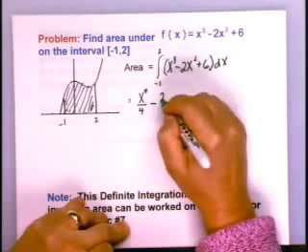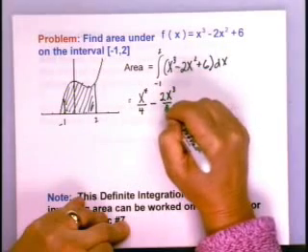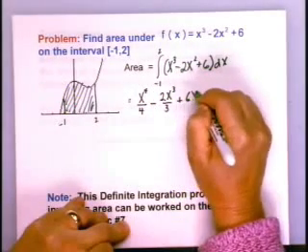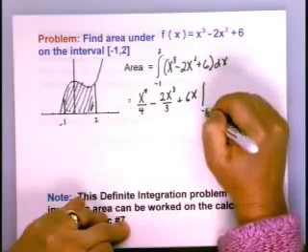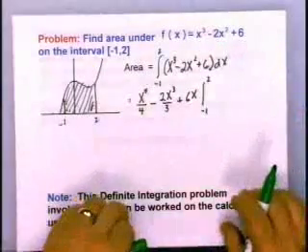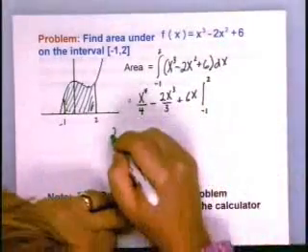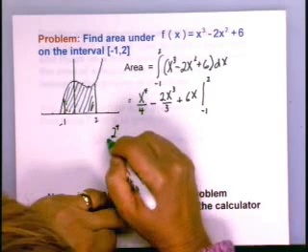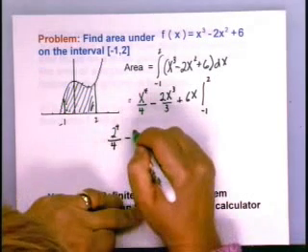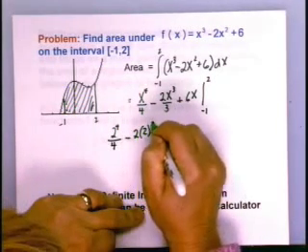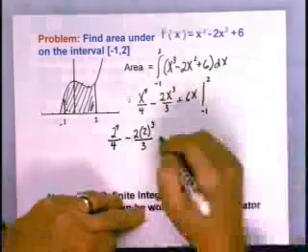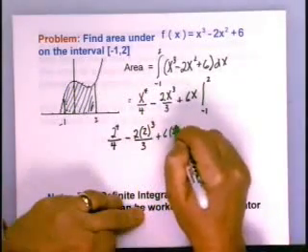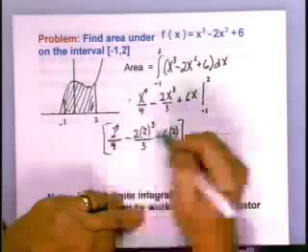Integrating 2x squared, we get 2x to the third over 3. Integrating 6, we get 6x. This is to be evaluated from negative 1 to 2. The fundamental theorem of calculus said to substitute the 2 in place of the x first. 2 to the fourth over 4 minus 2 times 2 cubed over 3 plus 6 times 2. Evaluate this.